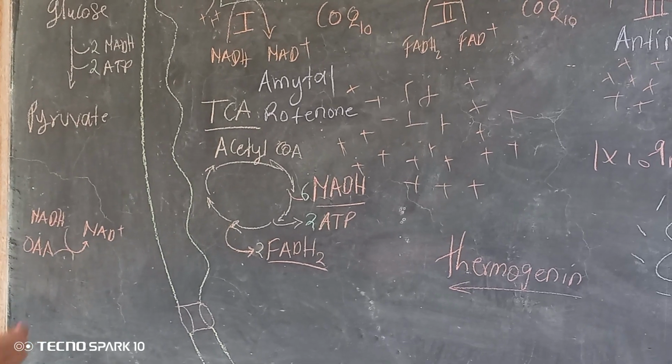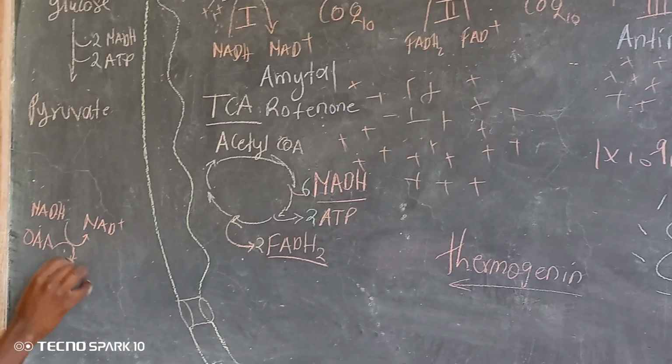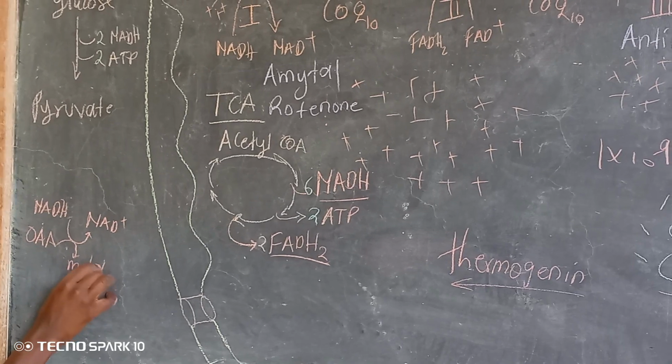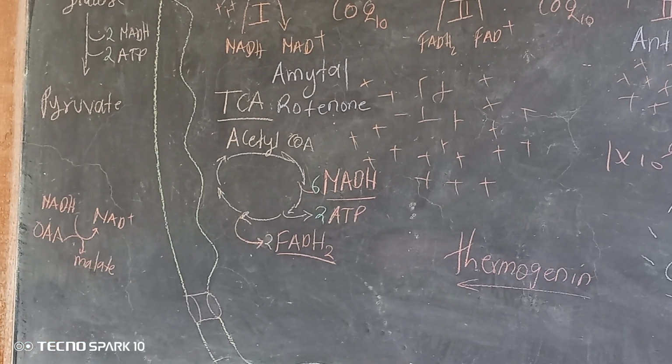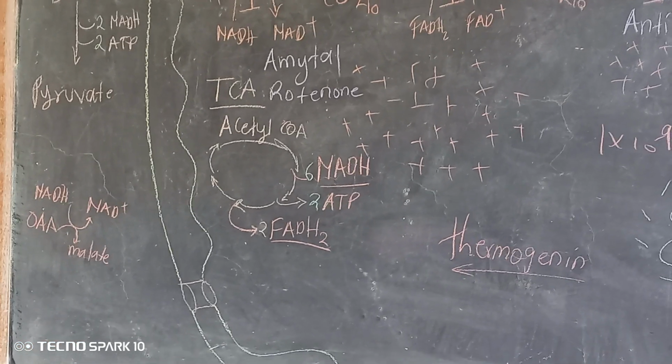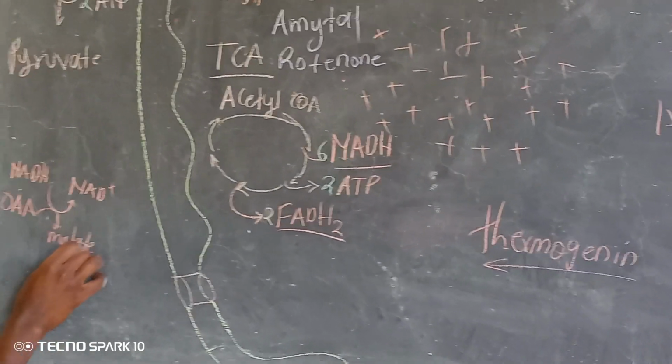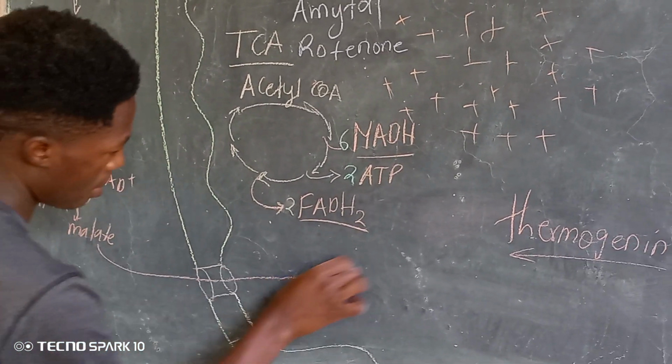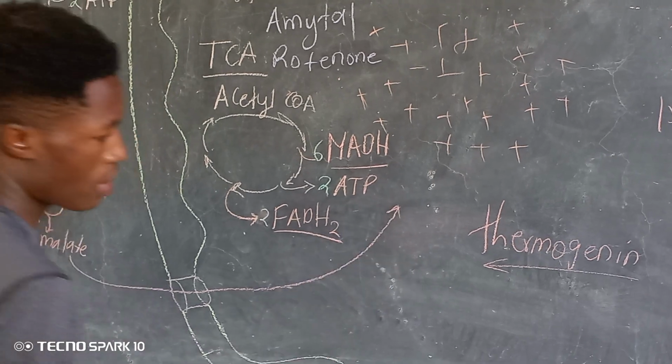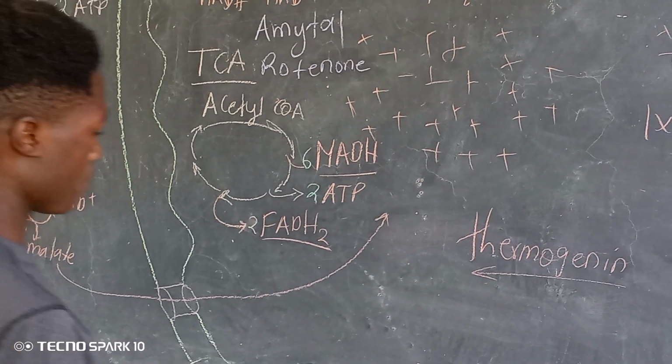Oxaloacetate is converted to malate. Now, malate has the capability of penetrating the mitochondrial membrane. So malate is going to come and get inside the mitochondrial matrix.